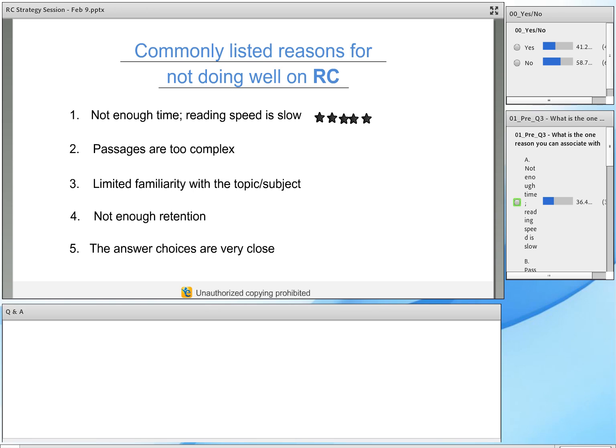And then beyond that, passages are too complex and choices are pretty close to one another. And then we have not enough retention as the choice which is not selected by that many people. Limited familiarity, it seems, doesn't get in the way of many students.